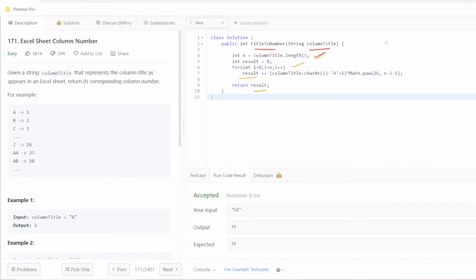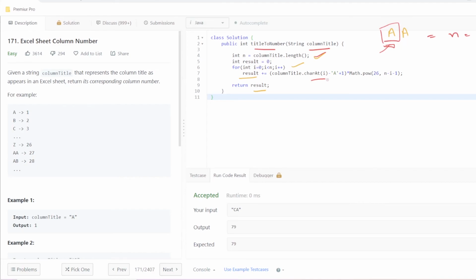For example, let's say it's A and A. So n, the length, is equal to 2 here, right? So we are calculating the actual value of this first character, what would be the contribution for this.